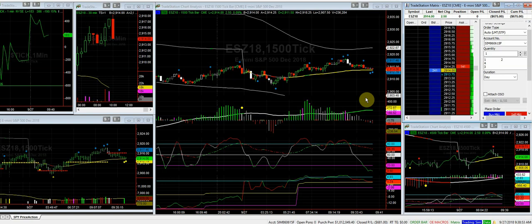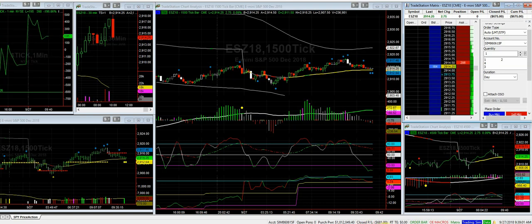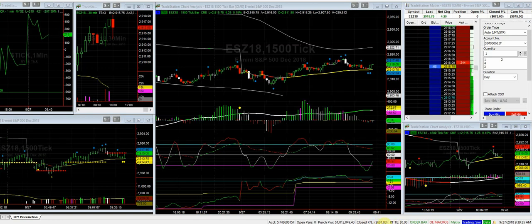Again, that's why you're going to have a lot of, you can see right now, this shows 681 to the negative side, but that's incorrect. That's because I was fooling around with some other stuff last night, so I don't have a clean reset this morning.